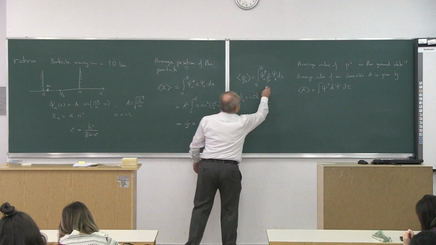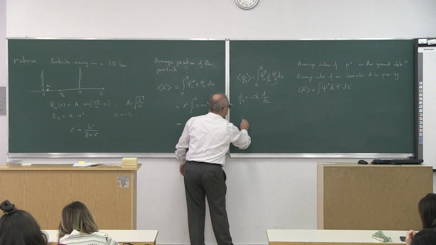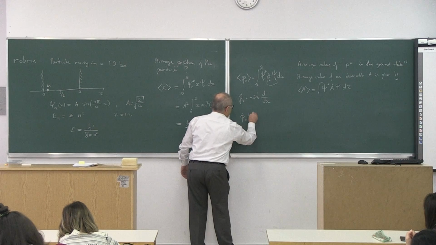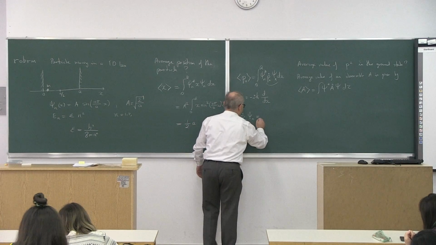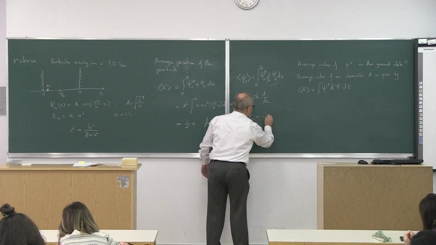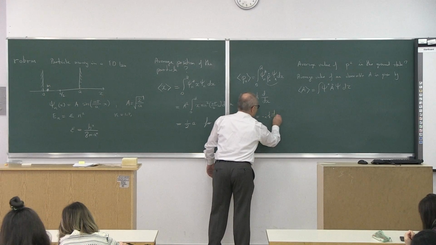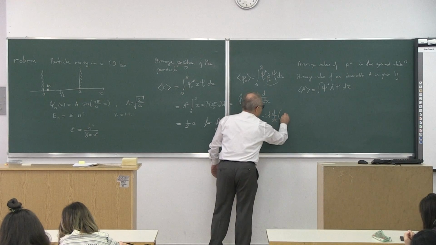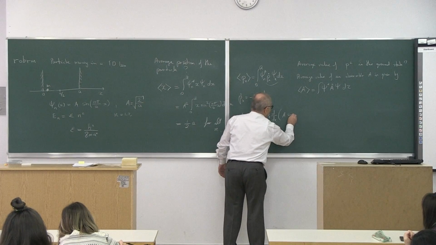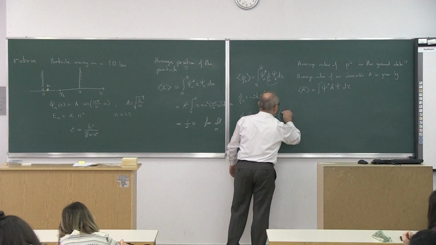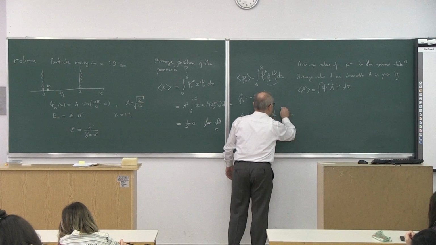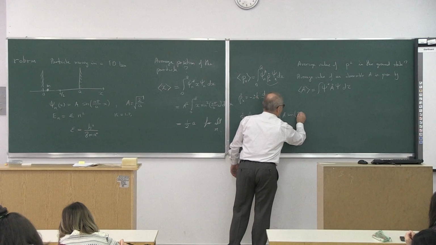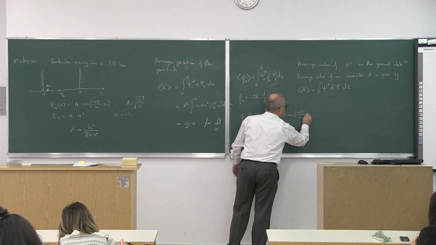So let us simplify this part. Minus i times h bar, first derivative with respect to x, times a, times sine n pi over a times x.